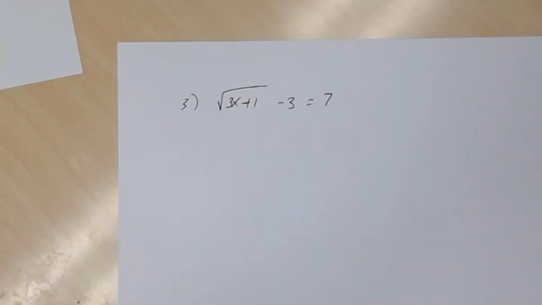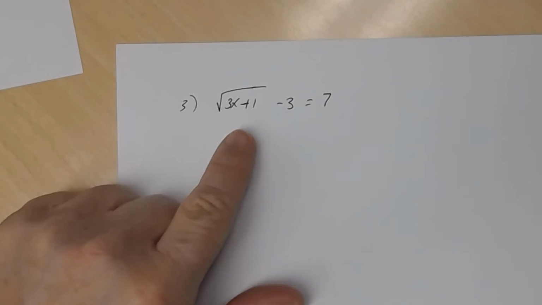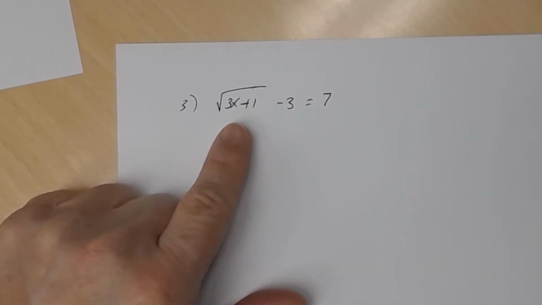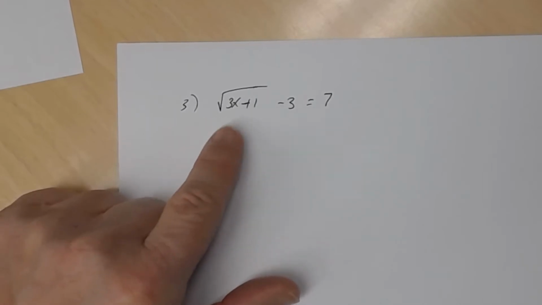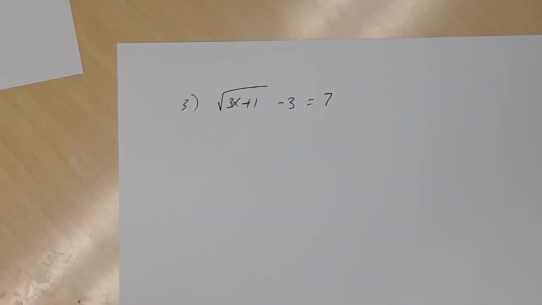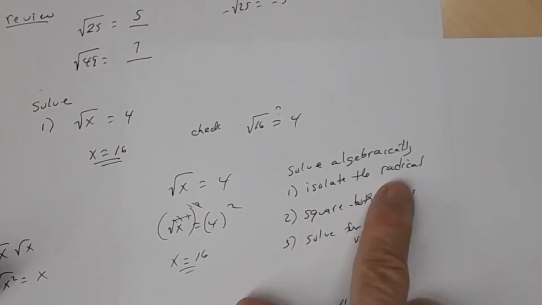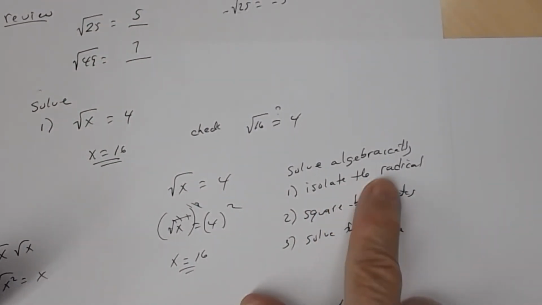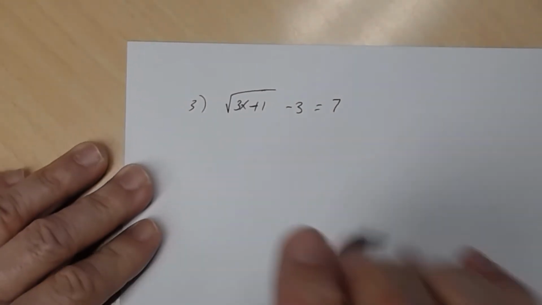Now this one's a little bit more difficult because if you look at it, you don't have the square root by itself. You have this extra term right here. So remember, the first step is to isolate the radical, meaning to get the square root expression by itself. So the first thing you're going to do is add 3 to both sides.